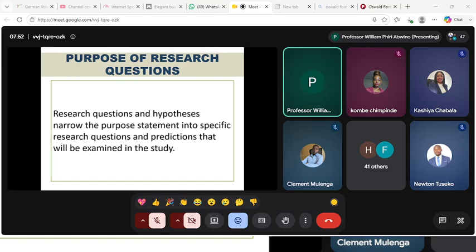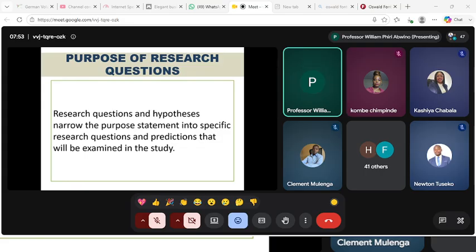So the implication of this is that it's very strange sometimes to find a research question or research objective exactly the way the research title is, because they are supposed to unpack it.